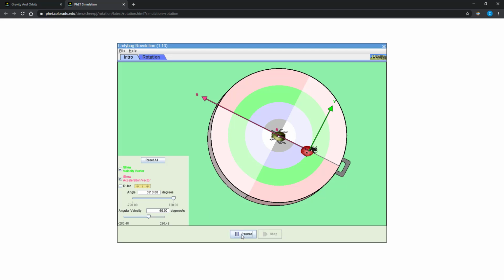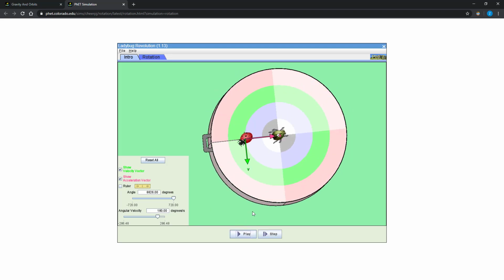Okay, that might be a little too slow to display that vector now. Okay, so let's do 180. Alright, so that means 1 full rotation per second. And let's pause. As we can see, the velocity is a little less because we don't have to go that fast. And then there's this acceleration that points constantly toward the center.